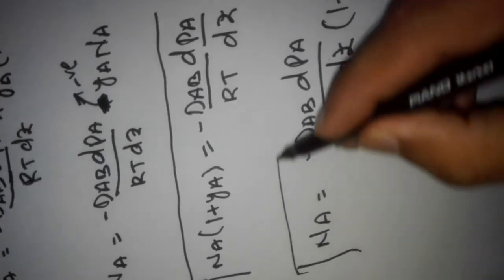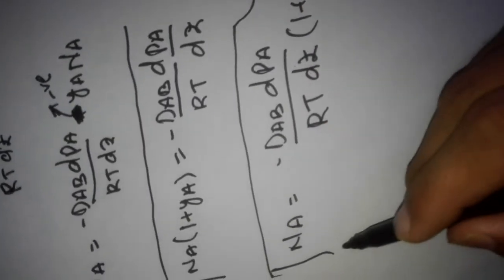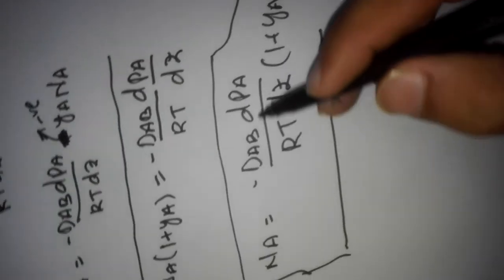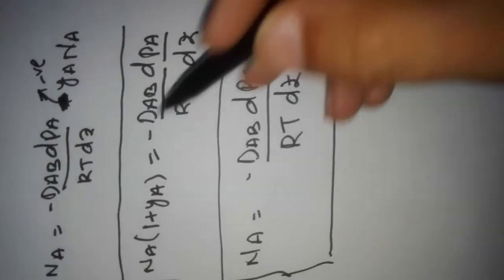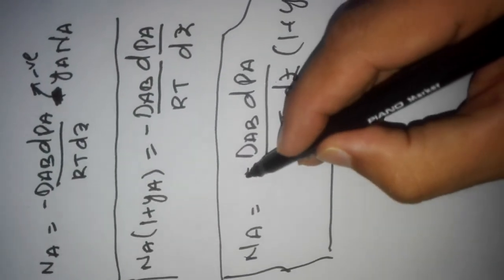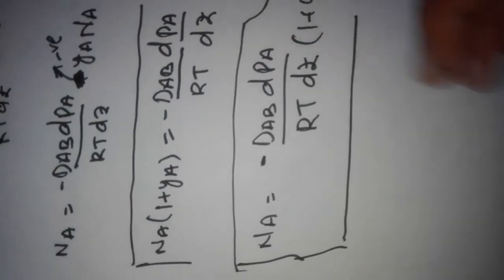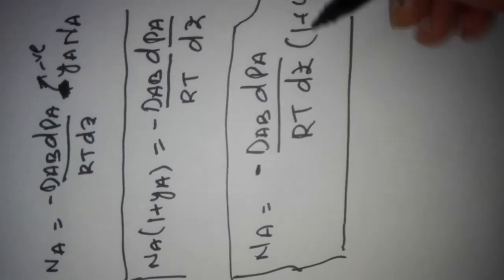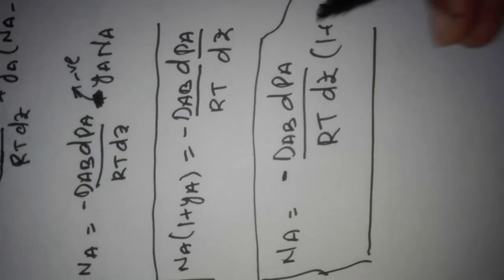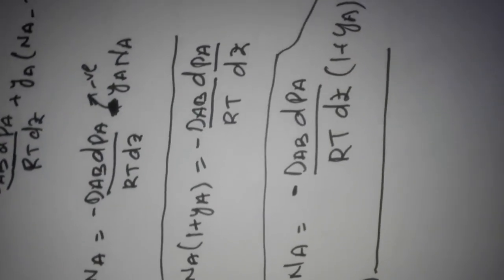So this is the flux of oxygen passing through the stagnant air layer and coming to the surface of the carbon particle and reacting here and producing CO in the opposite direction.